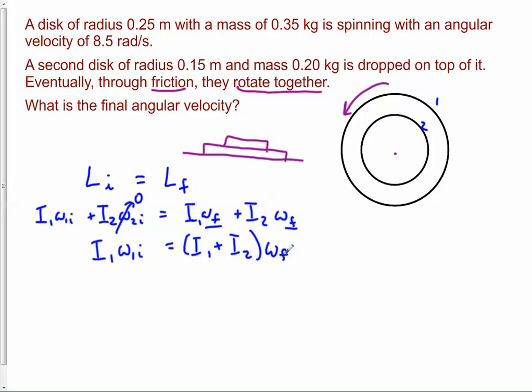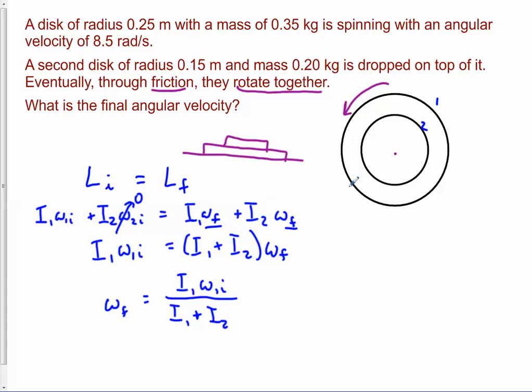So this is what I'm looking at. I solve for omega f. It's going to be I1 omega 1i over I1 plus I2. So I'm using conservation of angular momentum to figure out this final angular velocity. Now I do have to figure out the individual I's.